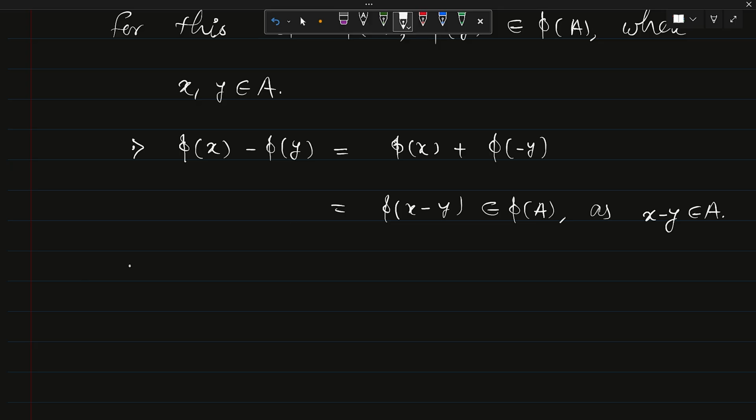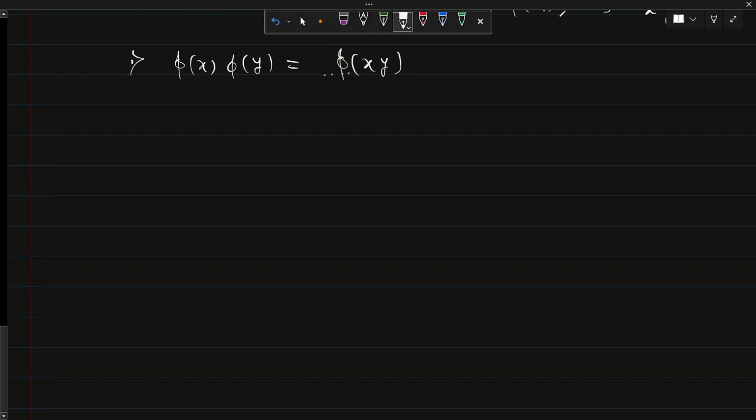Then we are having the second one, that is phi of x times phi of y, which is equals to phi of xy. ये क्यों लिख पा रहे हैं? हमने कहा है कि phi is a homomorphism. ओके, अगेन क्योंकि x और y दोनों ही A के एलिमेंट है तो phi of xy भी phi of A का एलिमेंट बनेगा.